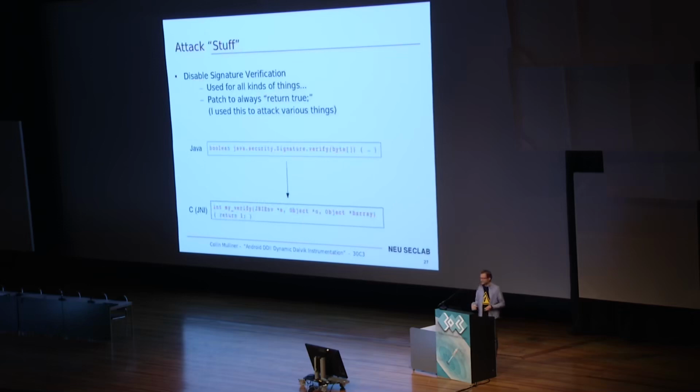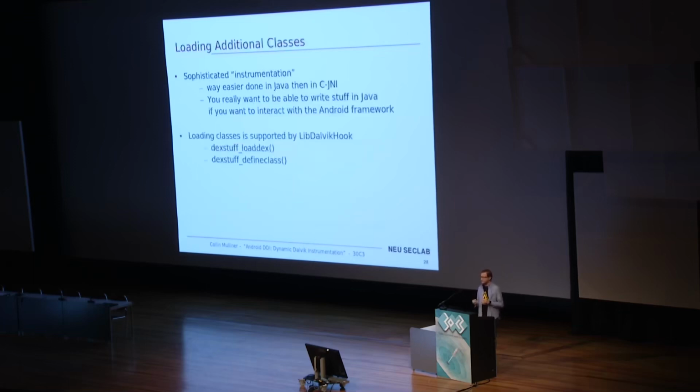So these are two things where you either monitor stuff or disable some checks, and that's only the beginning. If you want to do more sophisticated instrumentation, you of course want to write more code. For code that interacts with the Android application and the Android framework, you really want to do that in Java, and don't want to write everything in C and JNI.